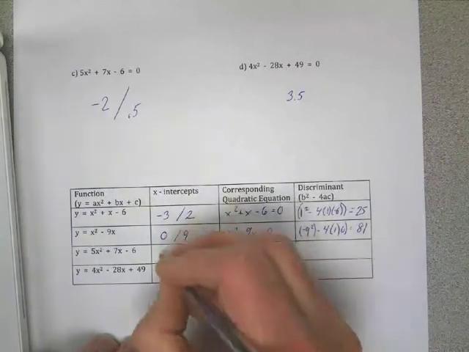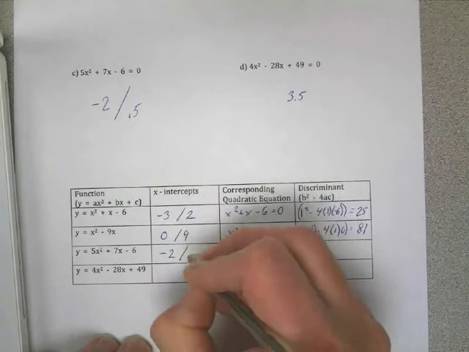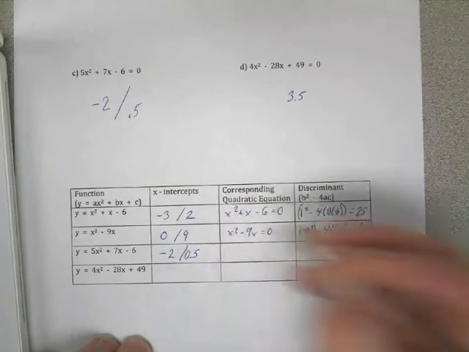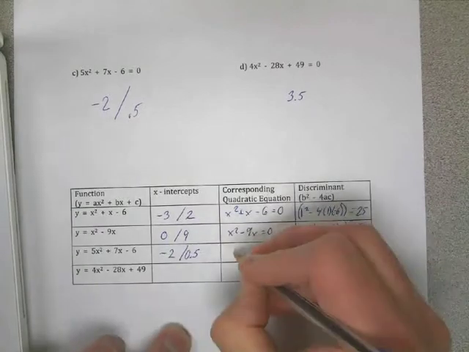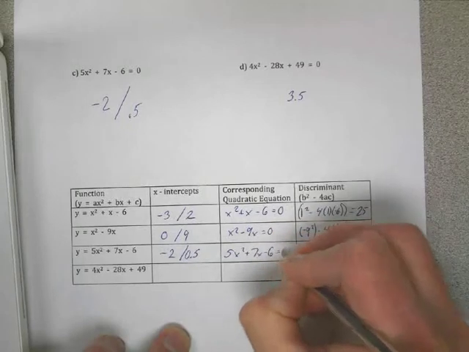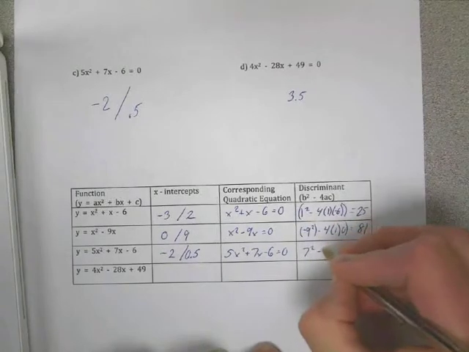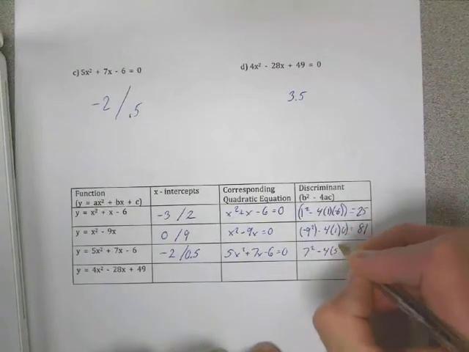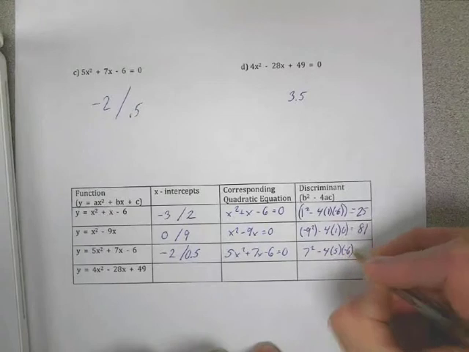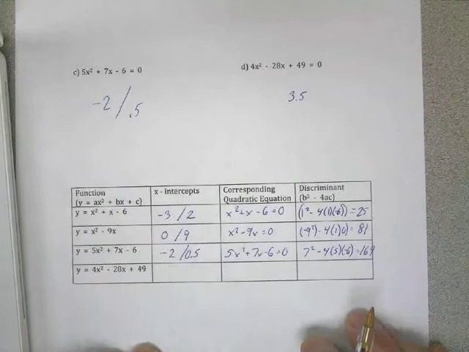Next one, my x-intercepts are negative 2 and 0.5. My equation would be 5x squared plus 7x minus 6 equals 0. Plug in my numbers, so it's 7 squared minus 4 times 5 times negative 6, and I end up getting 169 after multiplying all those.